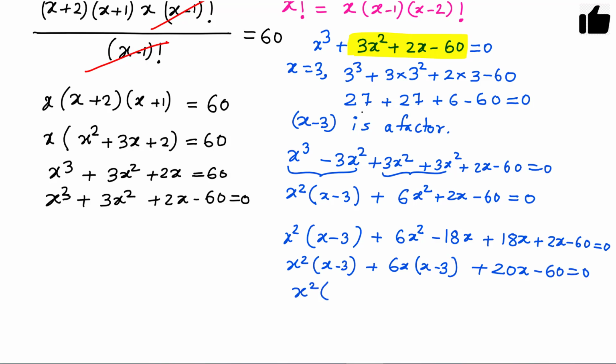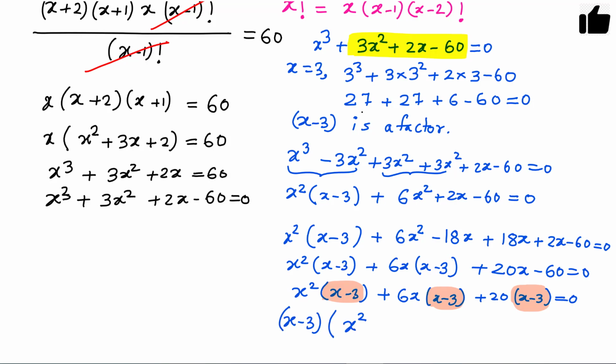So this is x square, x minus 3 plus 6x, x minus 3, and here you can take 20 common, so this is again x minus 3, equals 0. Now you can see you have x minus 3 here, here, as well as here. So you can take x minus 3 common throughout. So this becomes x minus 3 times x square plus 6x plus 20 equals 0.